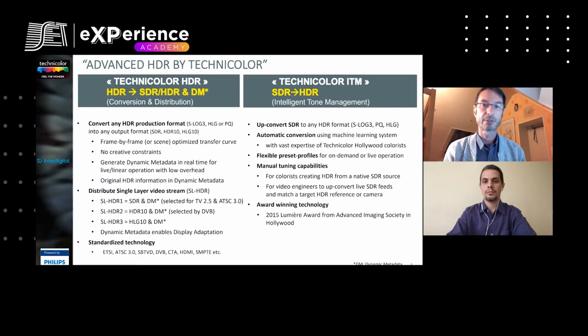It can also use flexible preset profiles. Experts such as colorists or video engineers can do manual tuning if they like. And the solution received in 2015 the Premier Award from the Advanced Imaging Society in Hollywood.